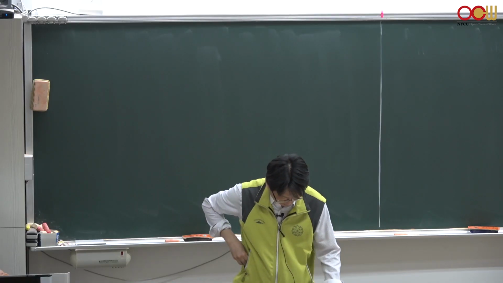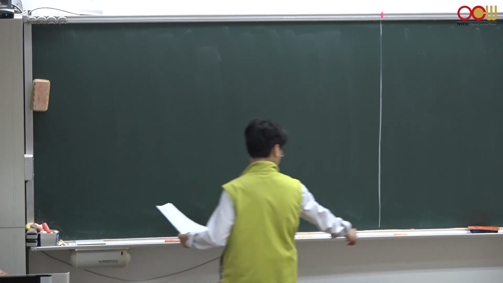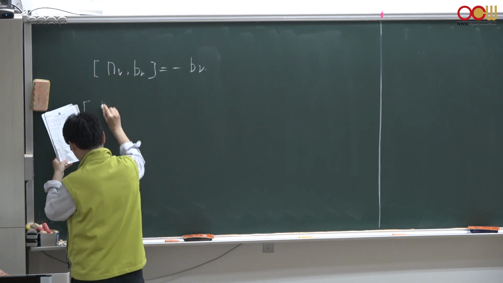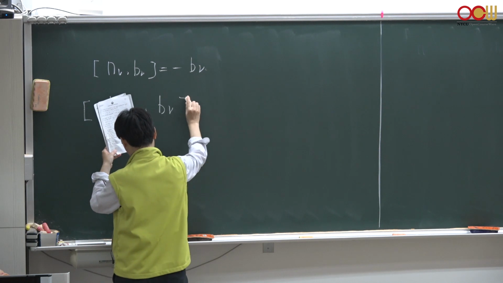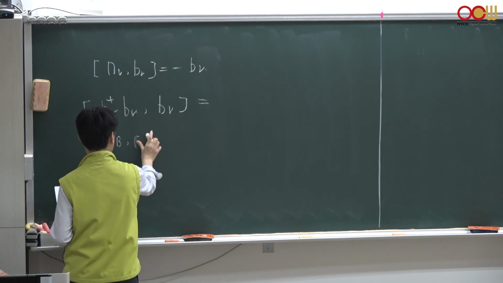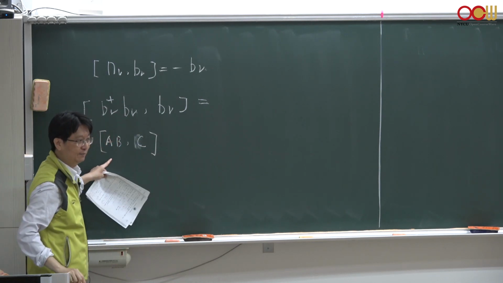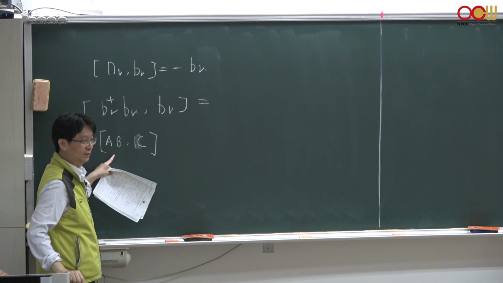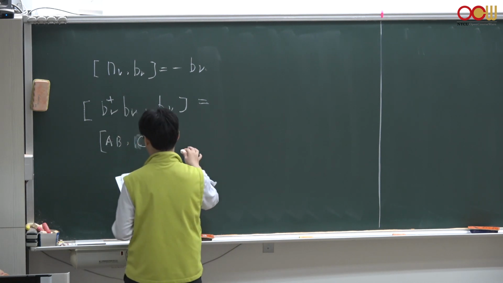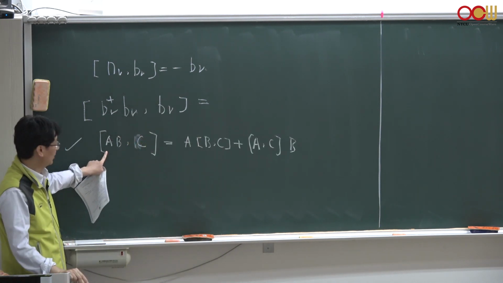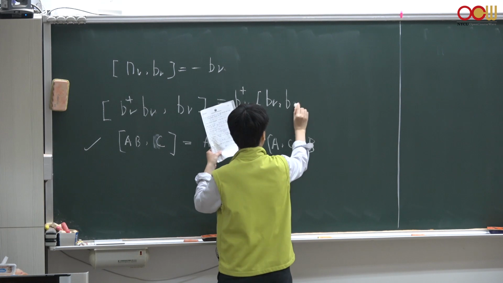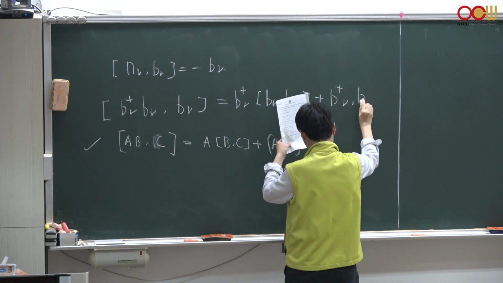So let's just very quickly go through the algebra, and you could do that at home. So let's just prove this. We plug in this definition of the occupation number operator. In quantum mechanics, you must have learned that if there is a commutator between A, B, and C, where each of A and B is a quantum mechanical operator, then you could use this mathematical manipulation of the commutator and use this identity, and you get B dagger nu, B nu, B nu plus B dagger nu, B nu, B nu.